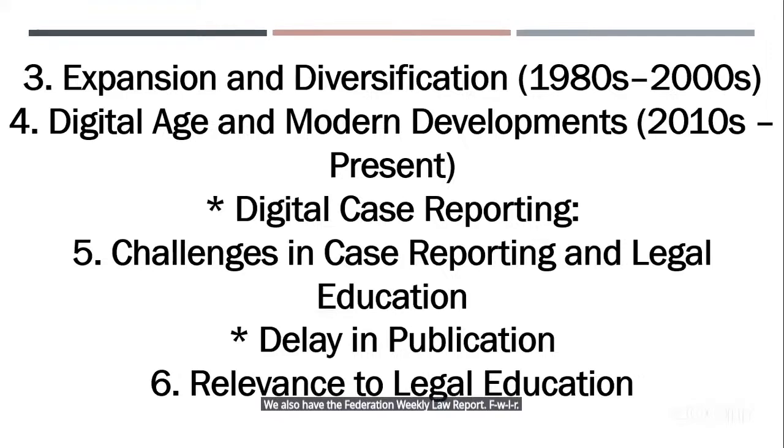We also have the All Nigerian Law Reports, the Commercial Law Report, and the Supreme Court Report. All of these are law reports that came into being in a period that we refer to as the expansion and diversification period.